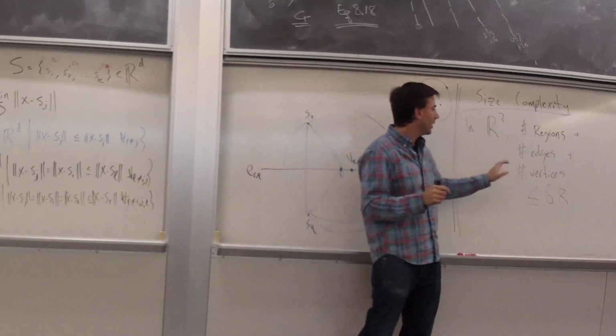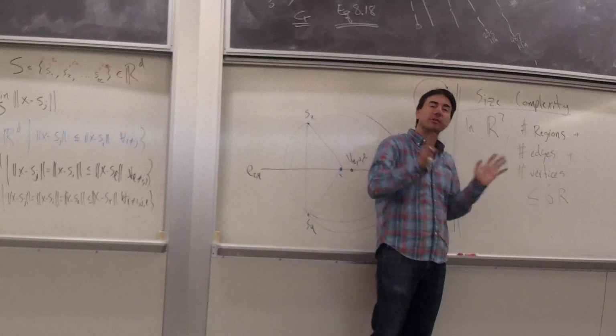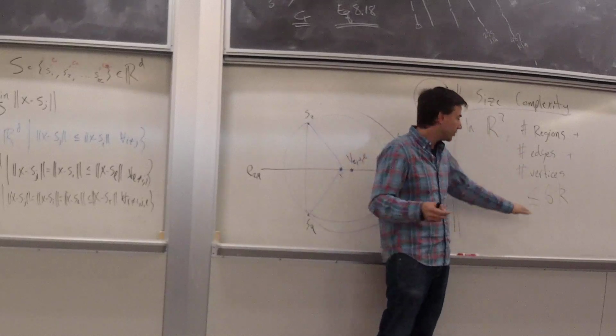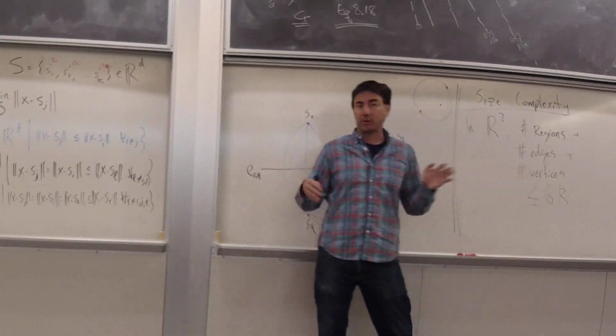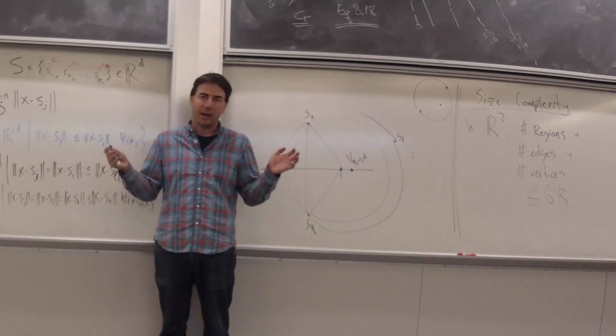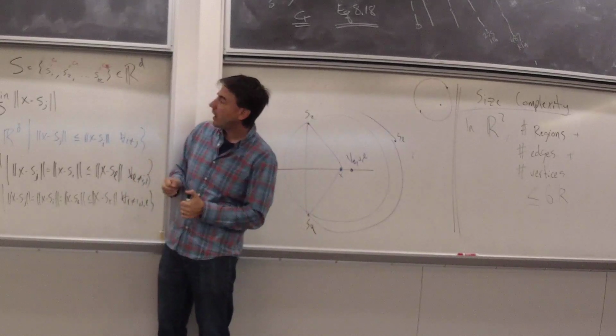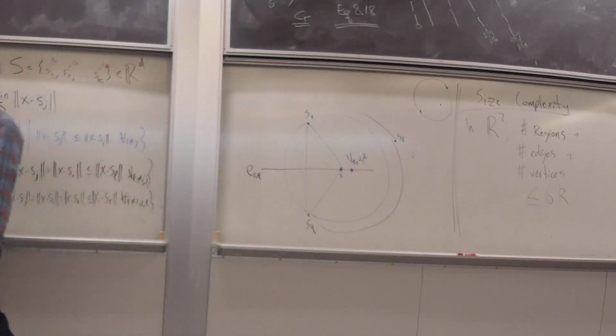The complexity isn't that big, and there are algorithms to compute it which run in linear time in k, or near linear time, like k log k. So I can compute this, and it tells me how to always find the closest point just by this diagram.